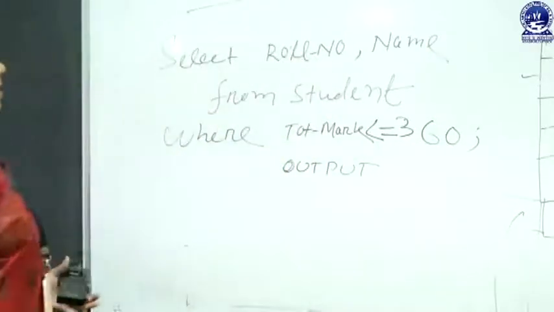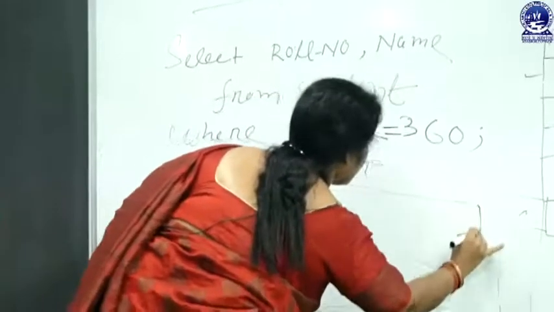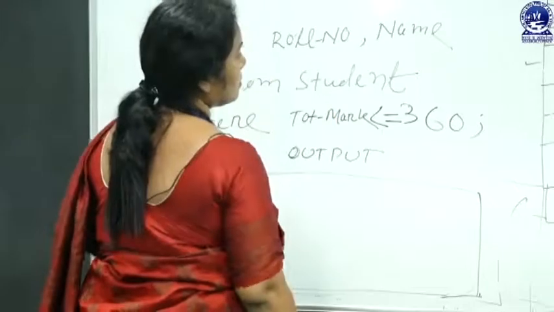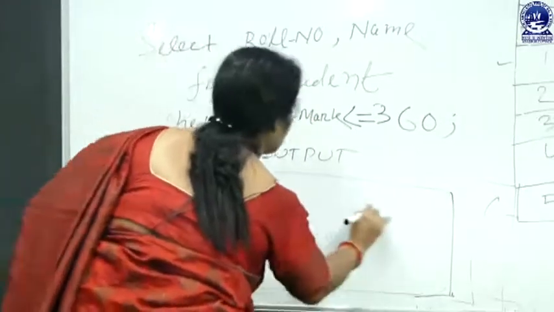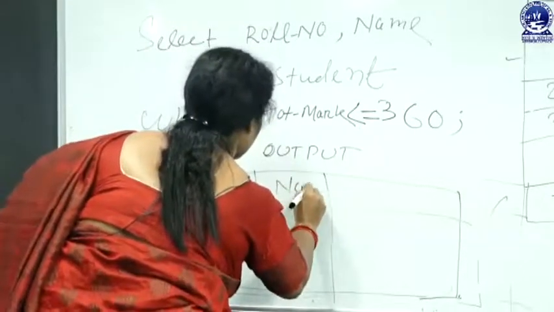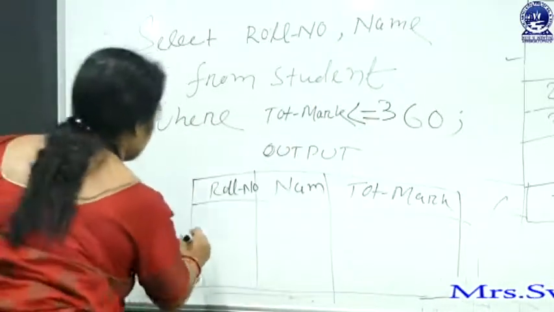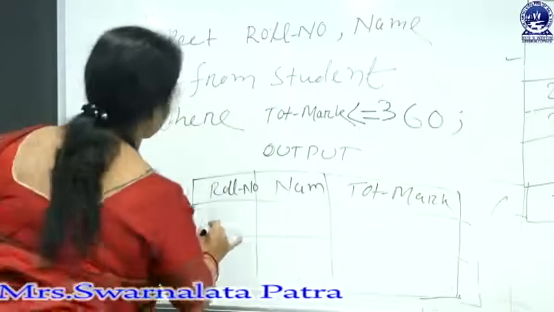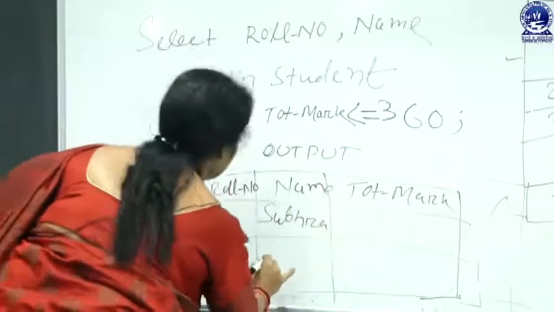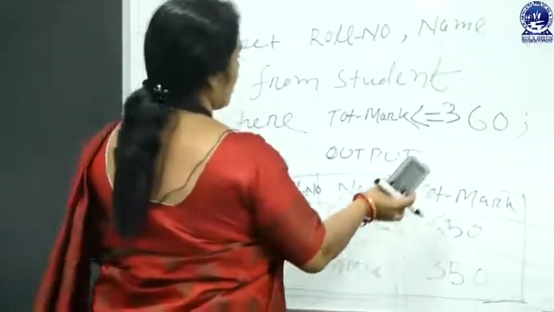After executing this command, the output will display only the names of the students who have secured marks below or equal to 360: roll number 1, 2, Subhra, Sipra, total mark 350.